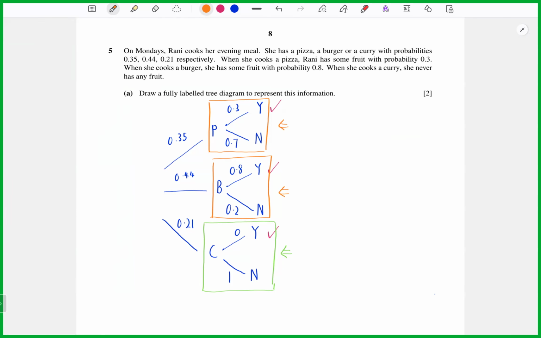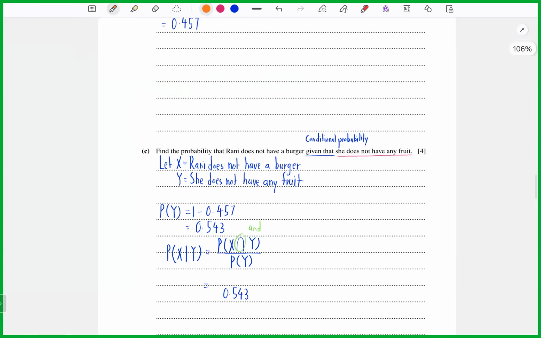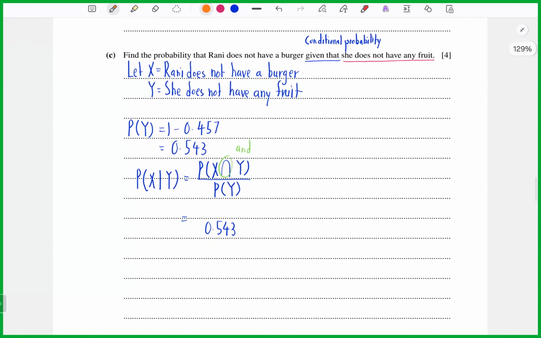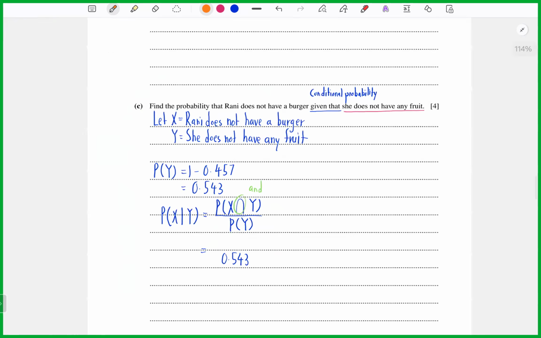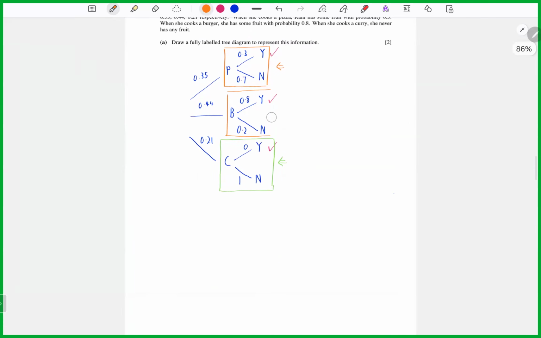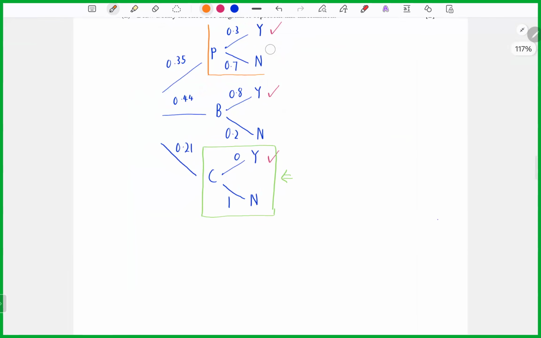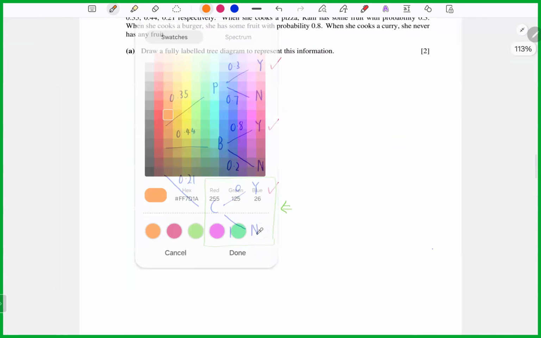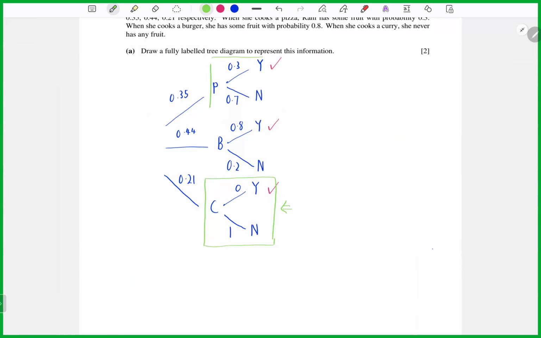So wait a minute, I try to think things out. Sorry, actually it's not here, I took the wrong one. This is pizzas and curries, so you should choose here.